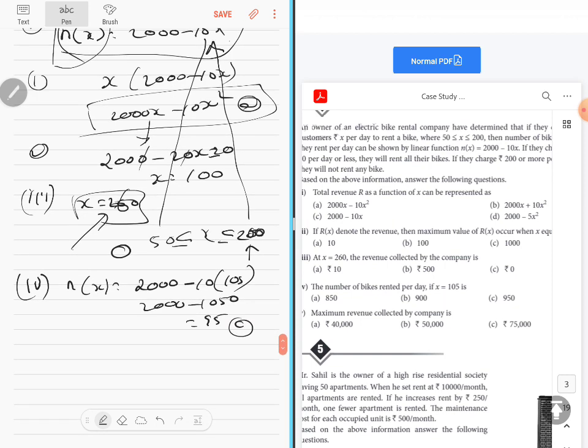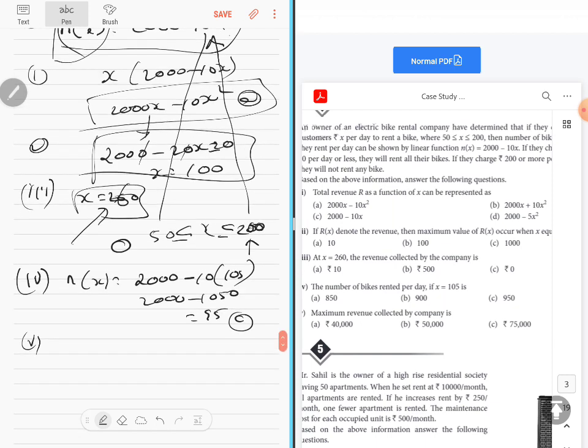Next is the fifth one: the maximum revenue collected by the company occurs at x is equal to 100, which you already found here. Put that in the revenue. The revenue formula is x into 2000 minus 10x. In this you put x as 100.